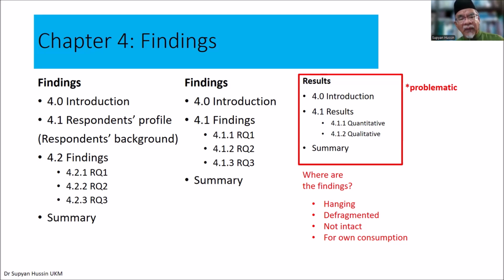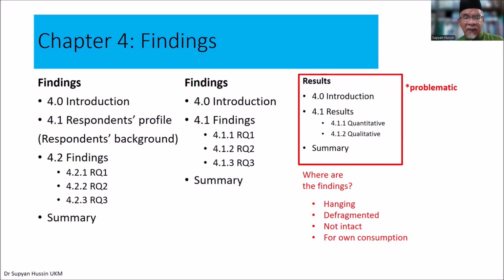All right, then you come to 4.2, you have one label called findings, and then you present your research question 1, then you support it with quantitative data or qualitative data, show the relationship, link them, and put them together as one piece. Don't separate the quantitative data from the qualitative data.